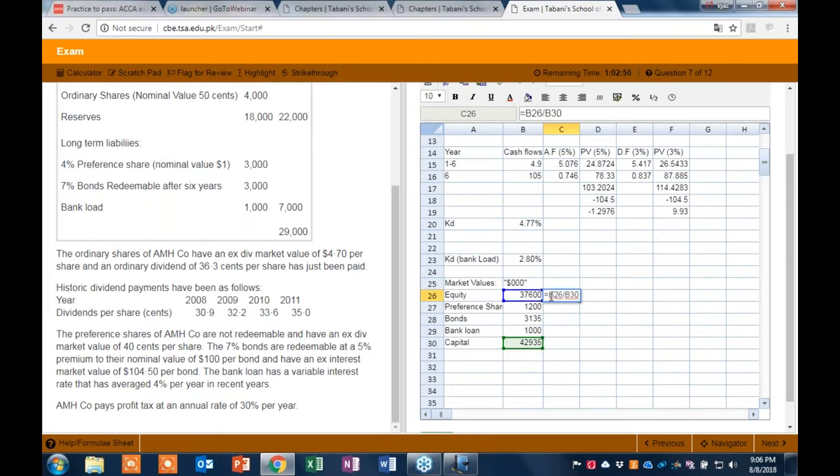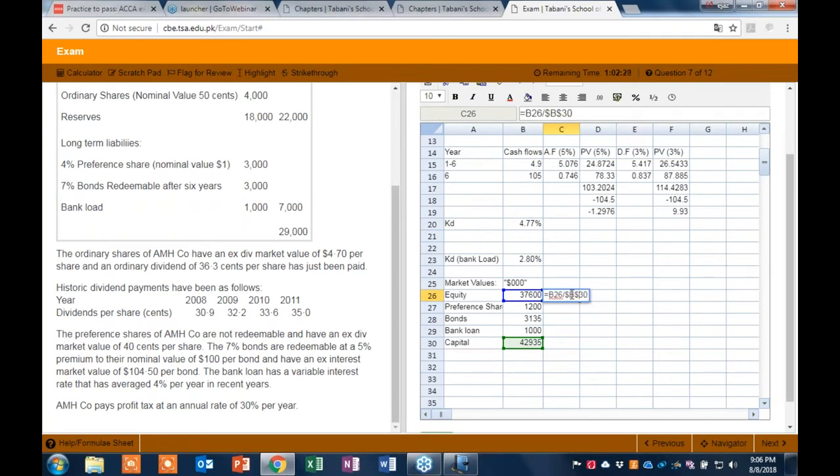Now I want to copy it down, but the problem is that if I copy it down, it will change the reference from B26 to B27, which I want, but it will also change the reference of B30 to B31, and that means it will take this nil value, which I don't want. Therefore, I will place a $ sign before B and before 30. I don't need to place it before both, but to make it simple for you, just place it before both.